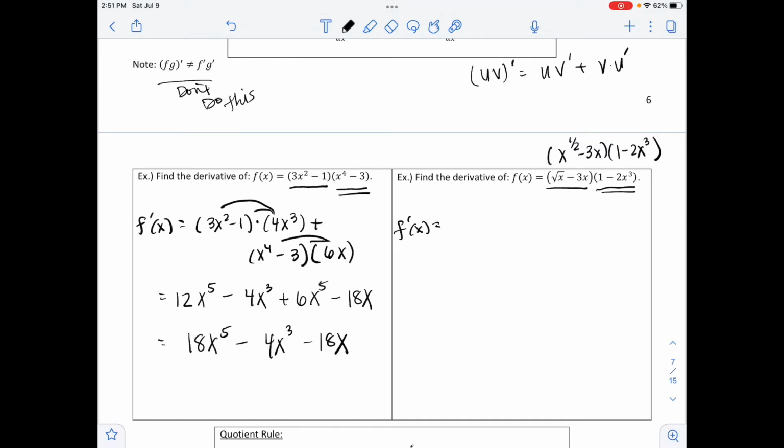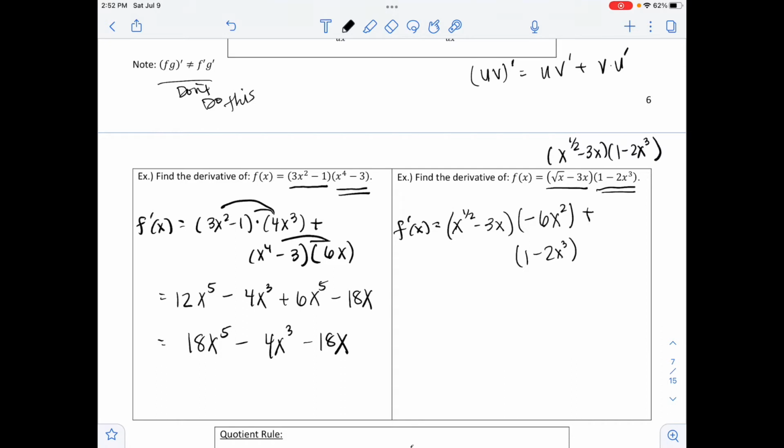So it's the first one, which is x to the 1/2 minus 3x times the derivative of the second, which the derivative of 1 is a 0, and then minus 6x squared, plus our second one, which is 1 minus 2x cubed, times the derivative of the first.